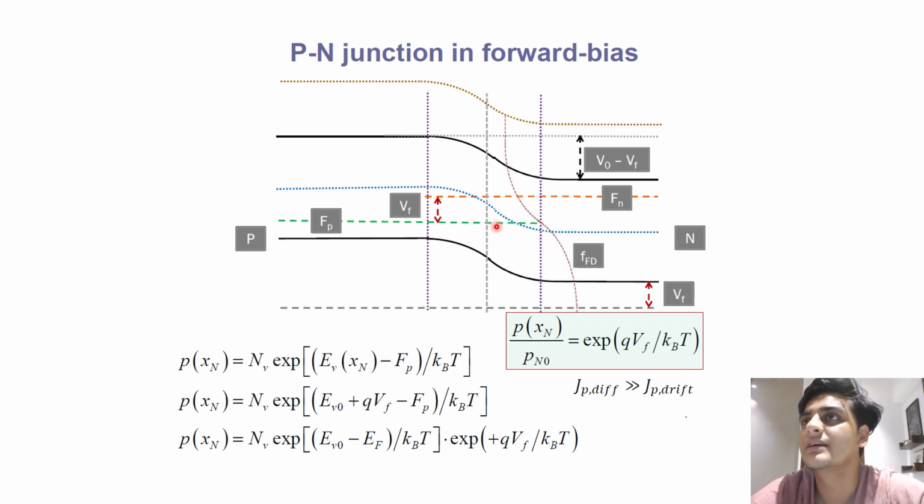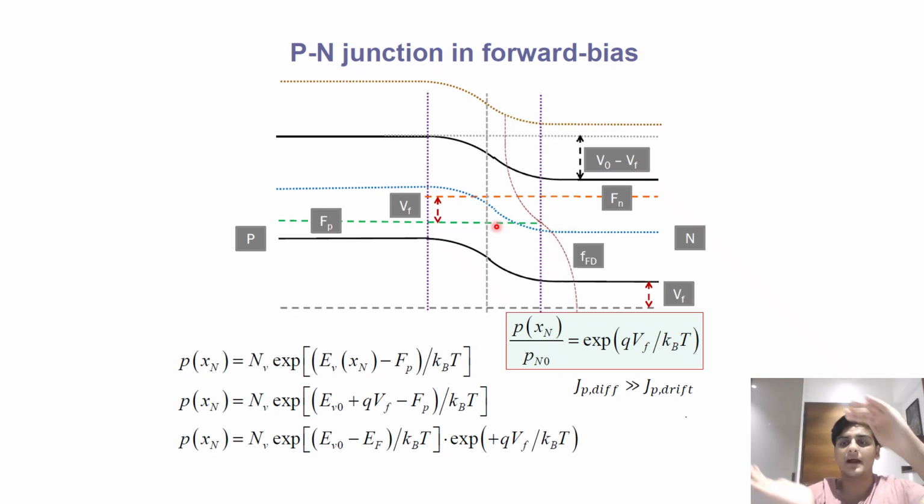A way to think about that is that applying a positive voltage on the P side is as good as applying a negative voltage on the N side. Electrons being a negatively charged carrier, their energy is going to increase if you apply a negative voltage, which is why the bands on the right are going to be pushed up.